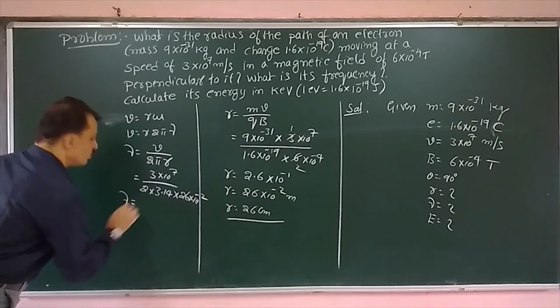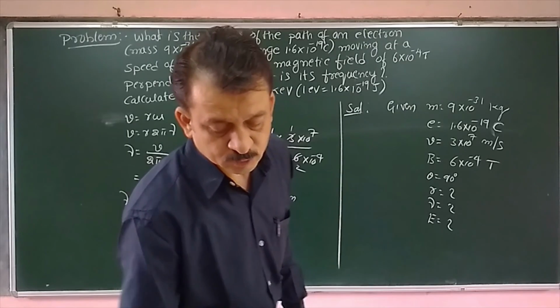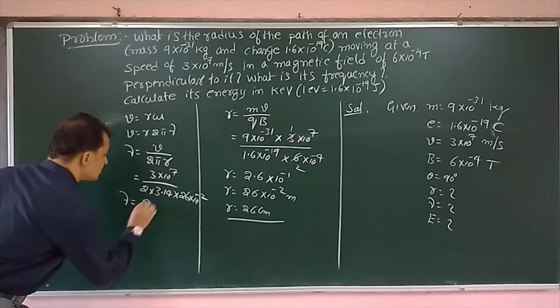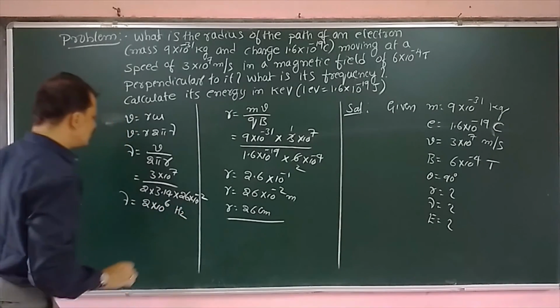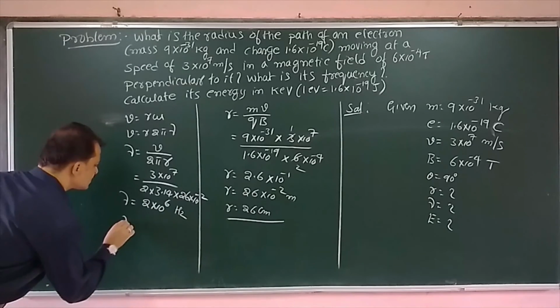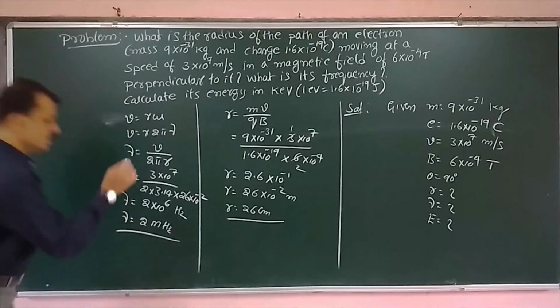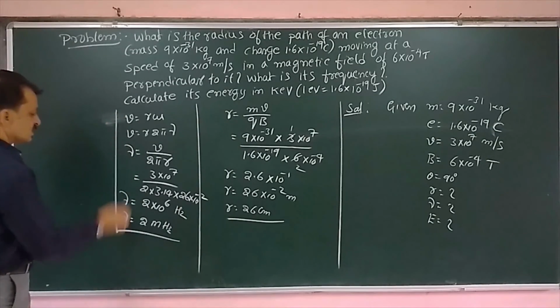With the calculator, if you work this out, I will get 2 into 10 to the power of 6 hertz, which we can write as 2 megahertz. The frequency is 2 megahertz.